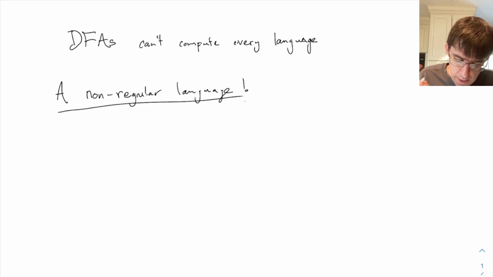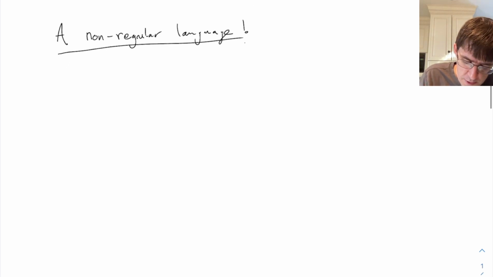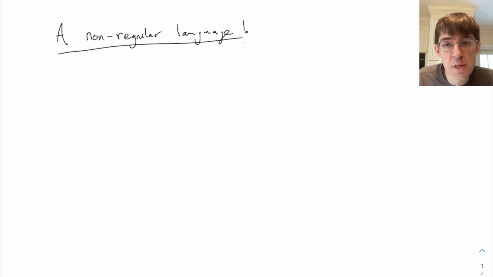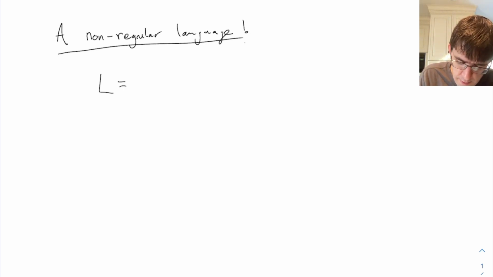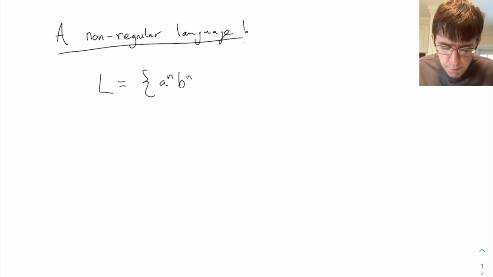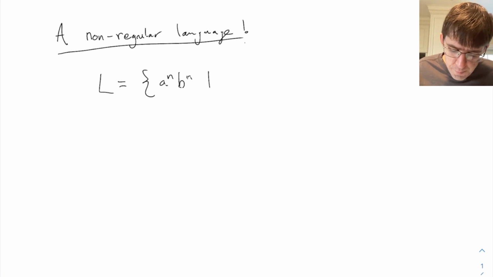Here is a language which is not regular. It's not a very complicated language, but this language cannot be accepted by any DFA. I'll call it L: A to the N, B to the N, where N is a natural number.